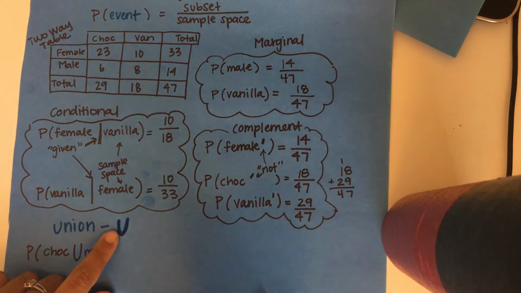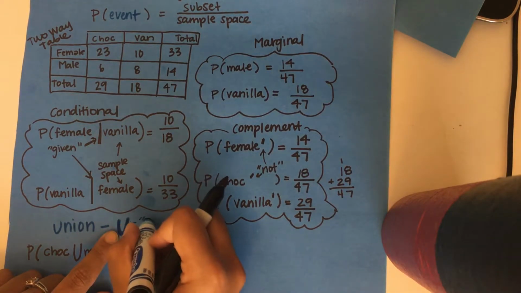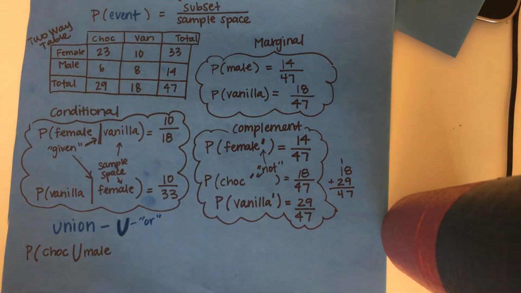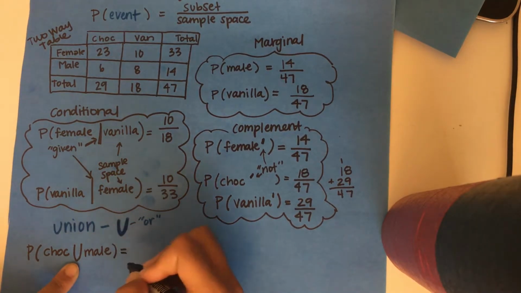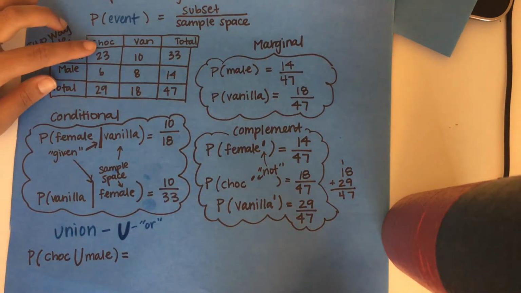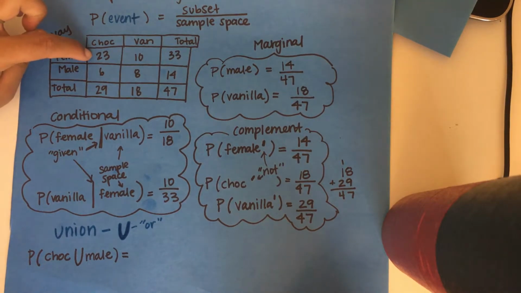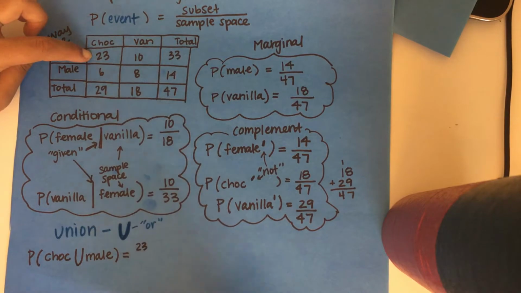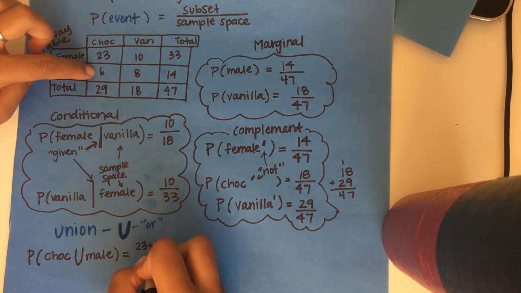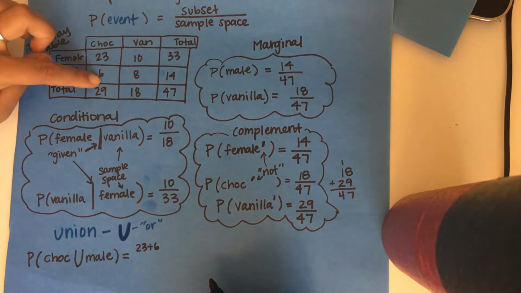Now, this notation means or. So the probability that someone likes chocolate or is male. Well, we would look at all of the people who like chocolate. So we know that there's 23 females that like chocolate, and there's 6 males that like chocolate. So that's all the people that like chocolate.